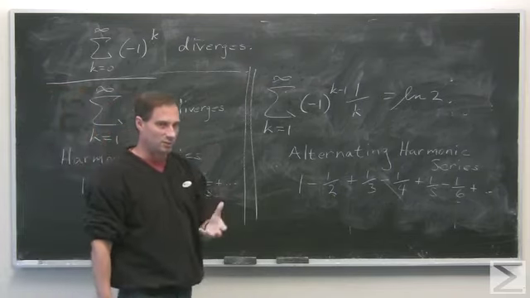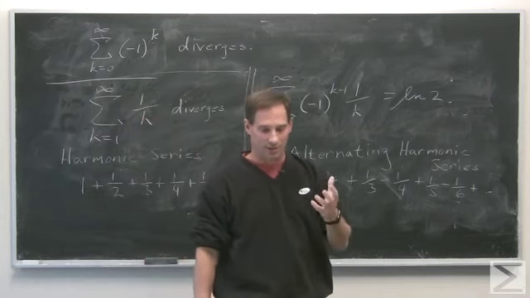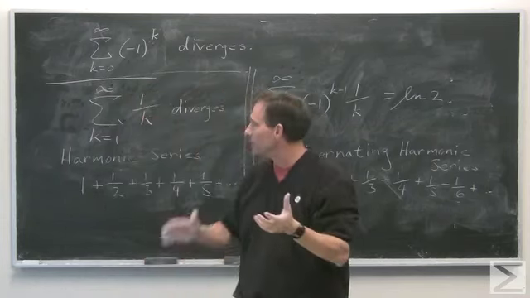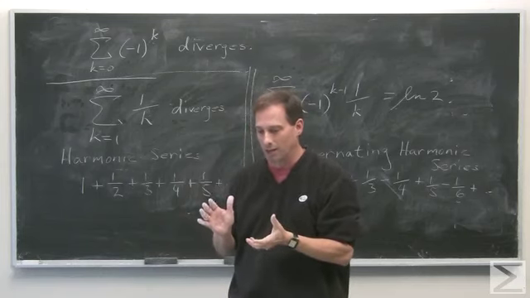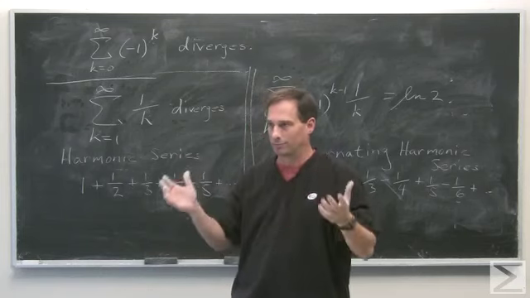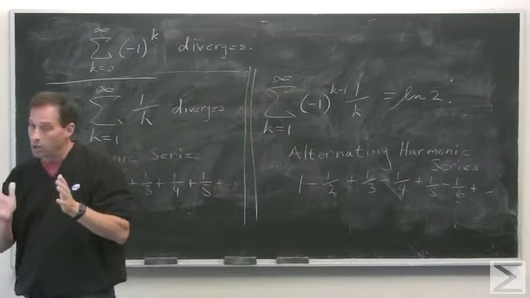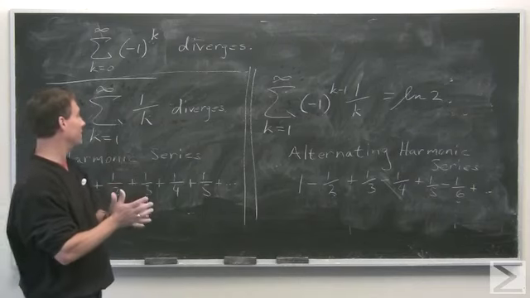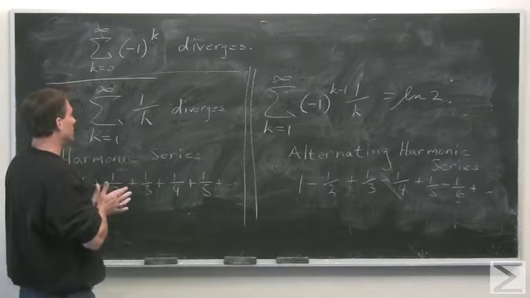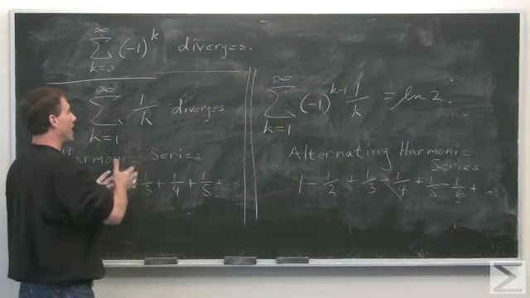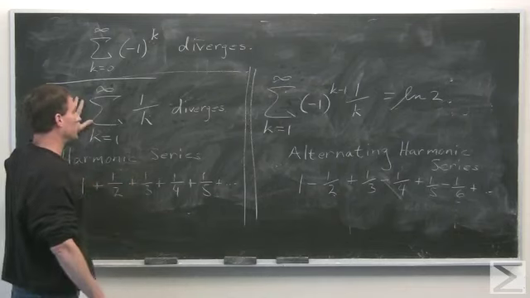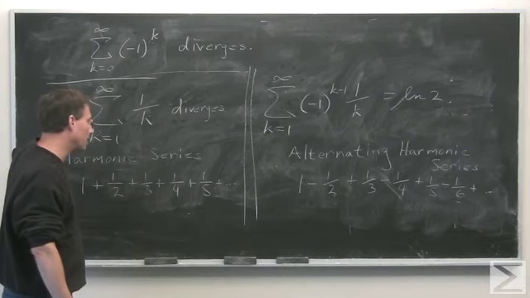The fact that the terms approach 0 is not enough to guarantee convergence of a series. You're adding more and more terms together. So a minimal necessary condition for convergence is that the terms approach 0. But if the terms don't approach 0 fast enough, they don't compensate for the fact that you're adding more and more of the terms together, and the sum can still get arbitrarily big.